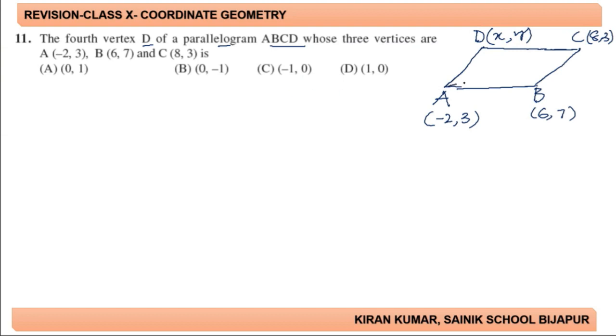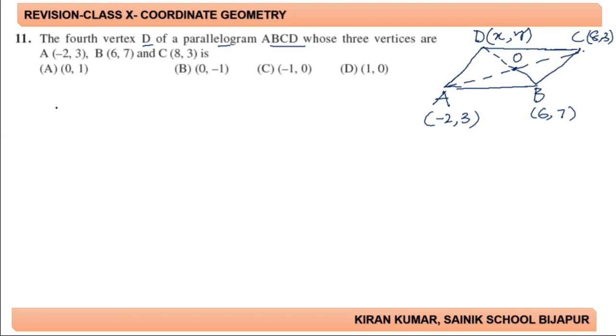Suppose if I join these diagonals, the point of intersection, I'll call it as O. We know that whenever we consider the diagonals of a parallelogram, they bisect each other.